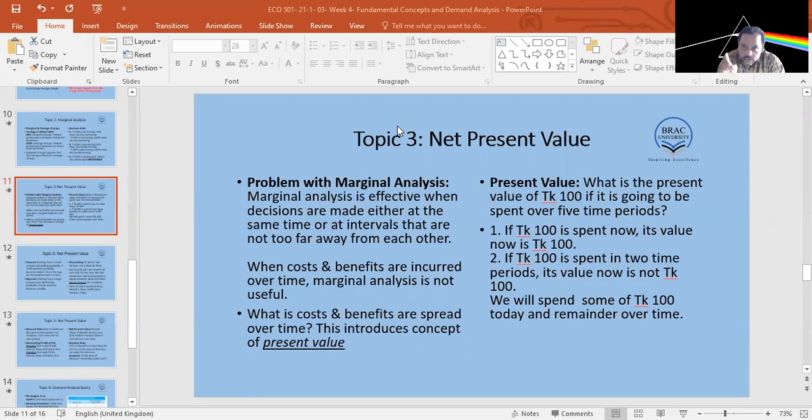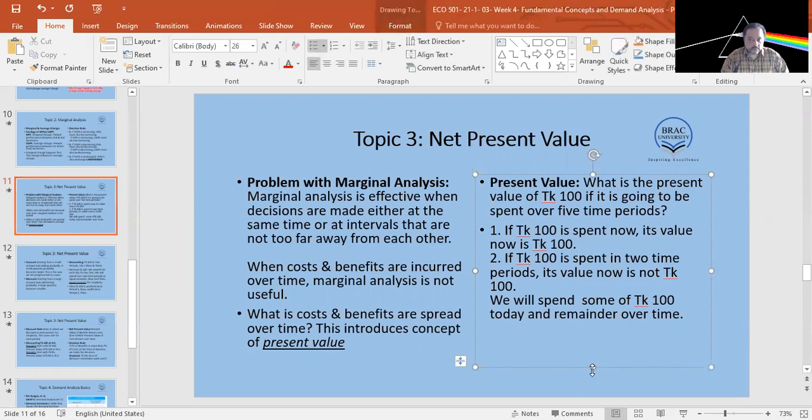So present value, if we look at the slides now, what is the present value of taka 100? If it is going to be spent over, say, 5 time periods equally, at the beginning of this period, it's worth 20 taka. In each period, 100 taka is worth 20 taka. How? If 100 taka is going to be spent now, its value is 100 taka.